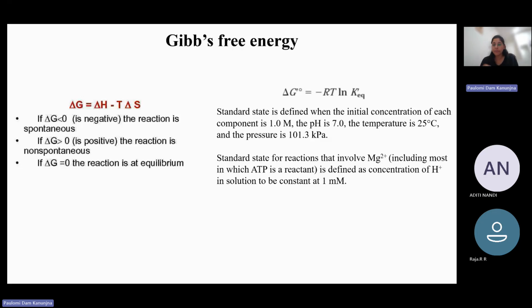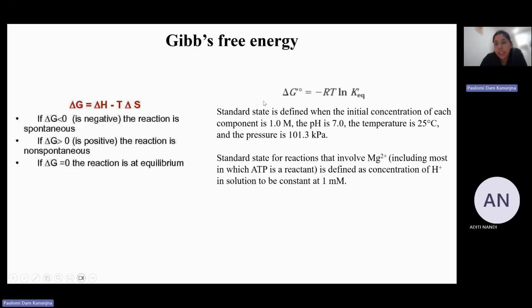or K equilibrium. Now, what is this? There's one very minute difference, but you should realize it when you are looking into biochemistry. So here, if you look into this delta G, it is delta G prime value, right?